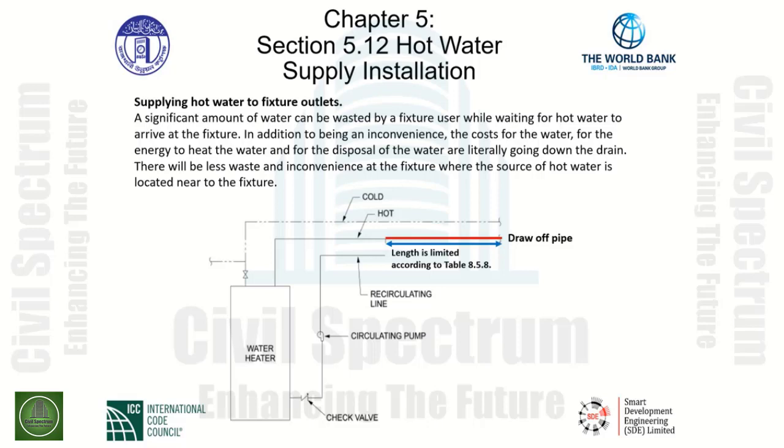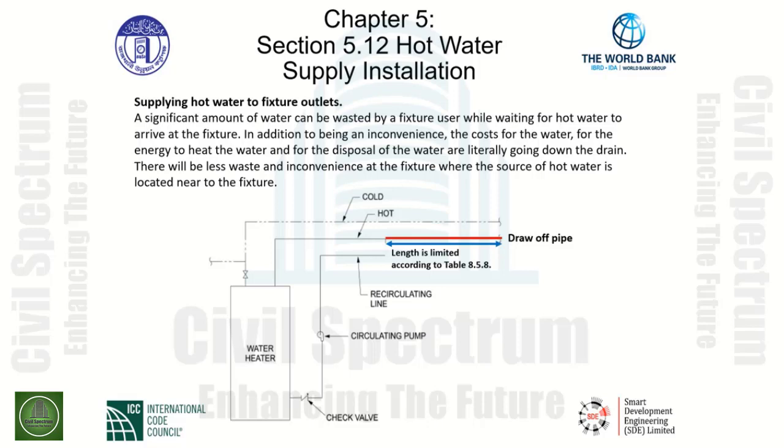There will be less waste and inconvenience at the fixture where the source of the hot water is located near to the fixture. The drawing below shows a water heater with a recirculating pump. In other words, we've got a recirculating hot water loop is what we call it. The hot water coming from the top of the water heater goes horizontally to the draw-off pipe.